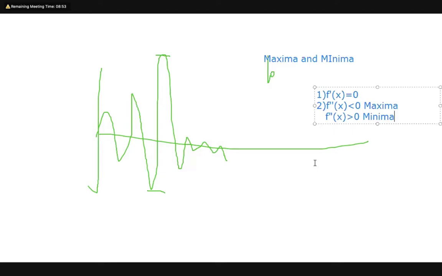Correct? This maxima and minima are called extremum.